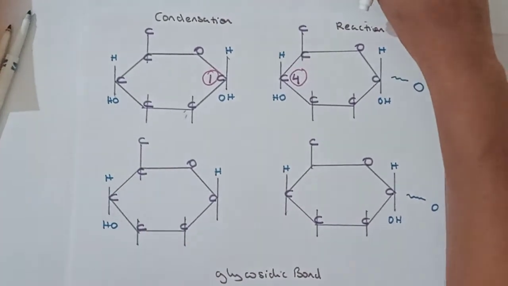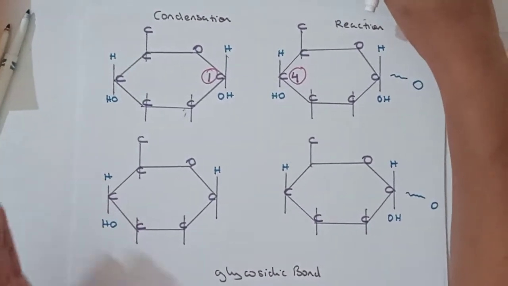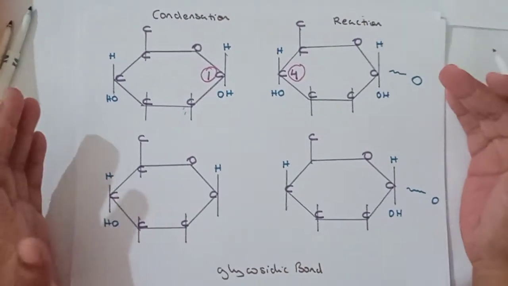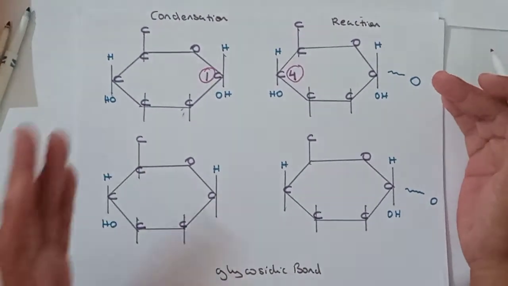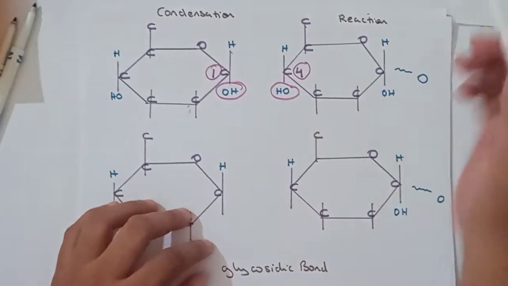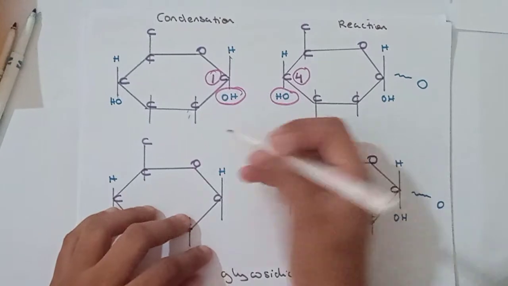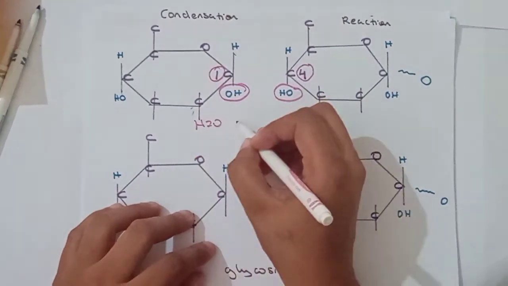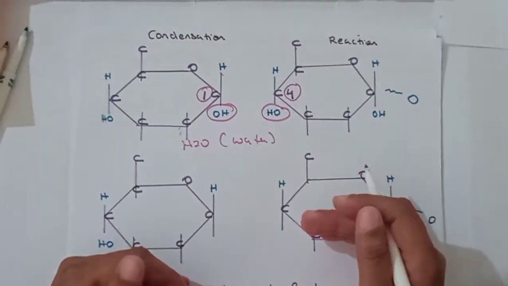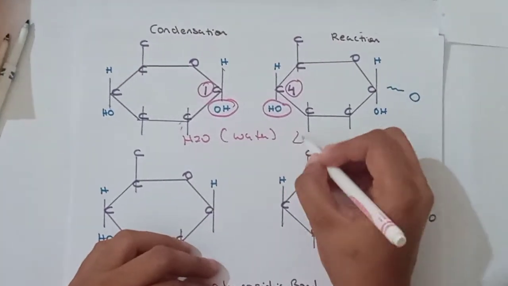Now, the process of linking monosaccharides with one another is called a condensation reaction, or dehydration synthesis. Here we have an OH group and another OH group, which form H2O, or water. Water is released in the condensation reaction. This process requires energy.